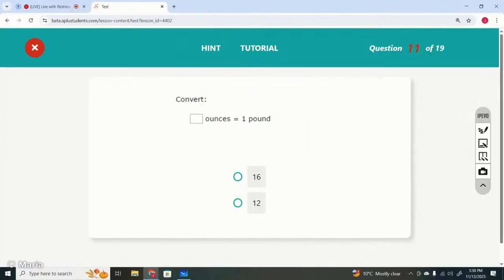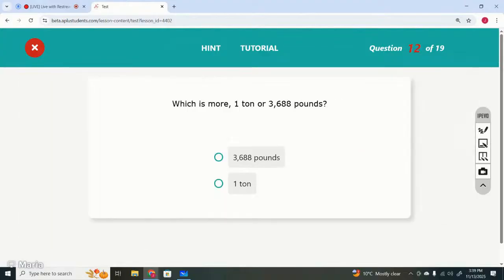Option number 1 is the correct option. 1 pound equals how many ounces? That is 1 pound equals 16 ounces. Option number 1 is the correct option.